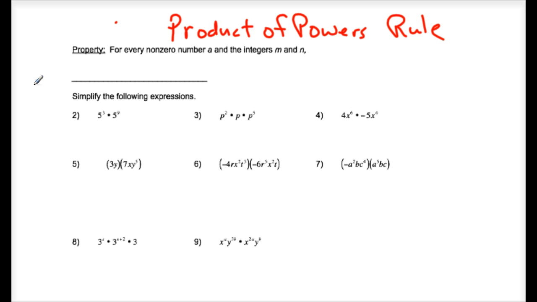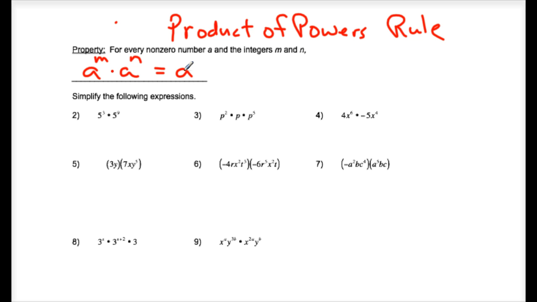So a to the mth power times a to the nth power. Notice, what's the same? The base. The base has to be the same.